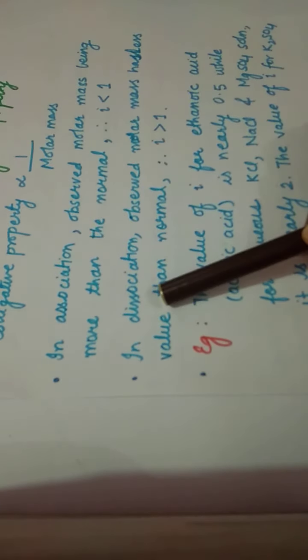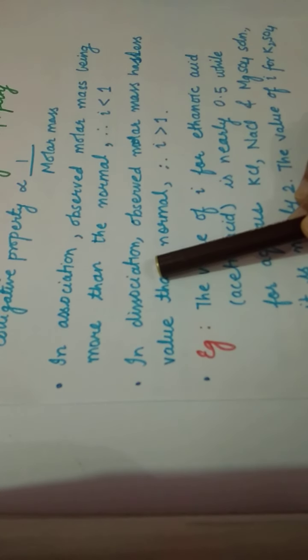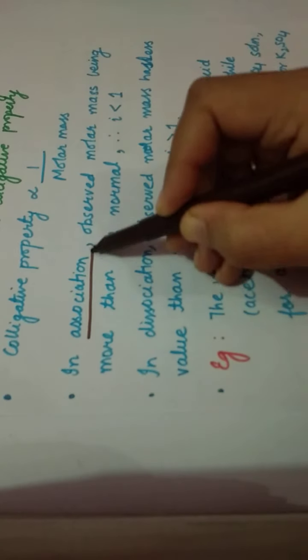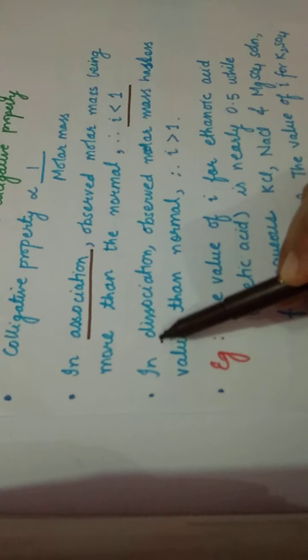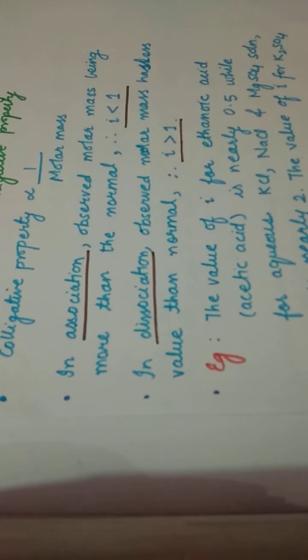And children, in case of dissociation, as in KCl, the molar mass was less than the normal molar mass. Therefore, the value of I, Van't Hoff factor, is greater than 1. So children, this you remember: in case of association, I is smaller than 1, and in case of dissociation, I is greater than 1.